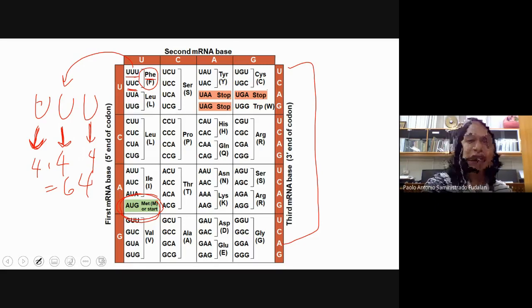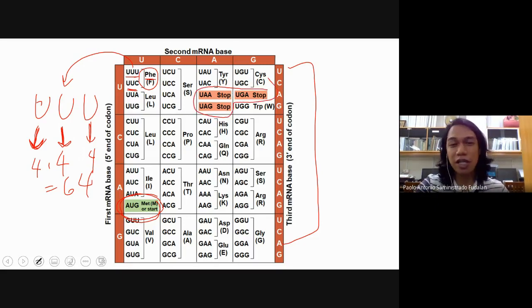And 3 of them, UAA, UGA, and UAG, are stop codons. So 64 minus 4, so 60 codons are left for the 20 amino acids. But anyway, the details of this we'll discuss next meeting.